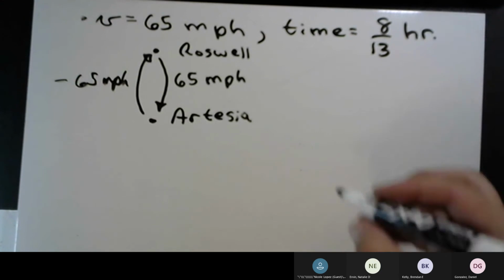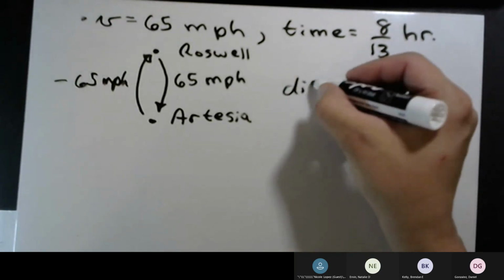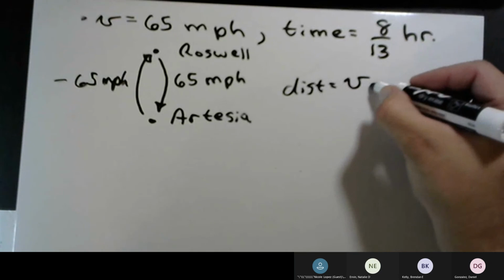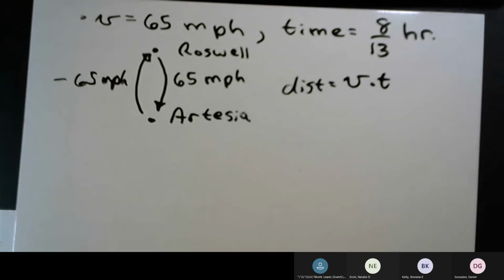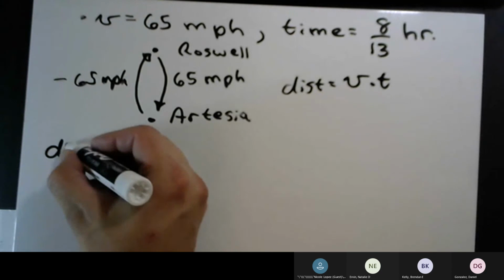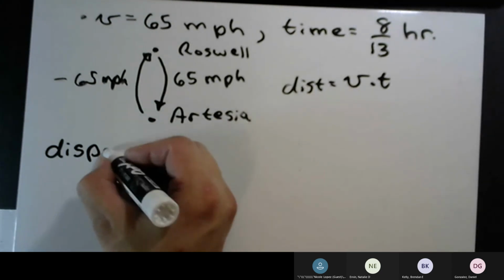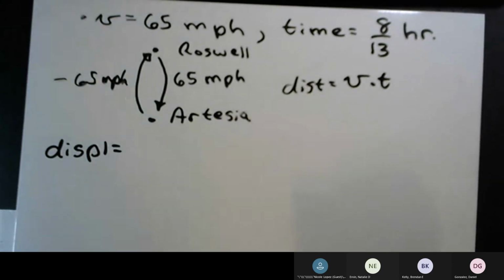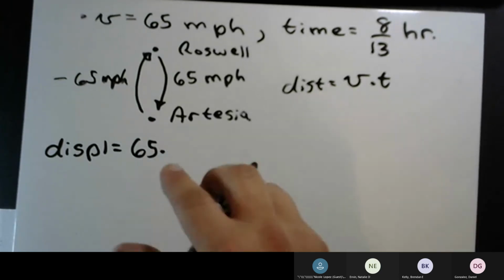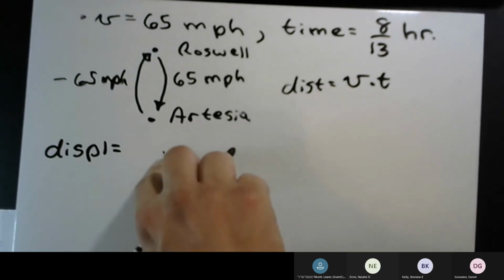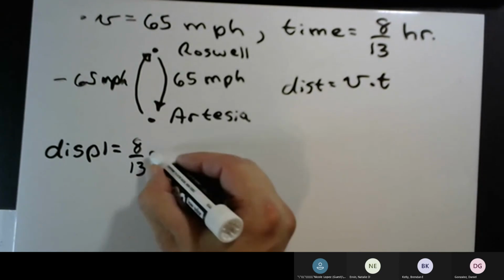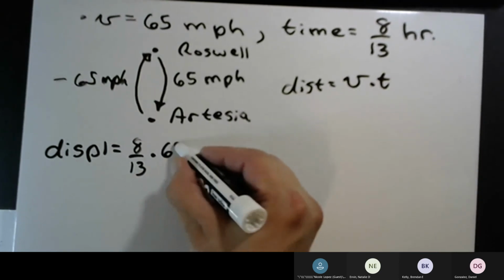Now, using the fact that distance is velocity times time, we can calculate your displacement as the sum of the distances. So let me do this. We'll do time, 8/13, that's our delta t, times velocity.